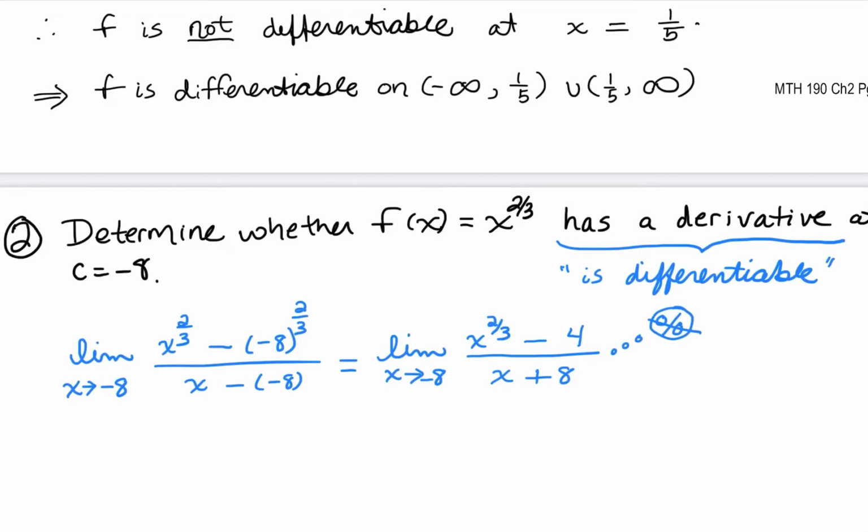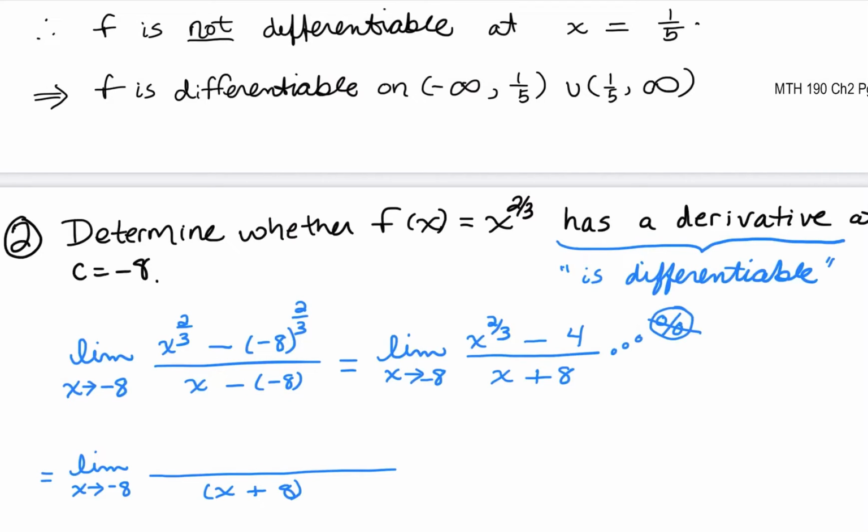Now, here's the thing. I'm doing this kind of mindful factoring approach on some of these. My goal here with a lot of these, because I have an indeterminate form, is that I'm thinking I want to be able to reduce this x plus 8.